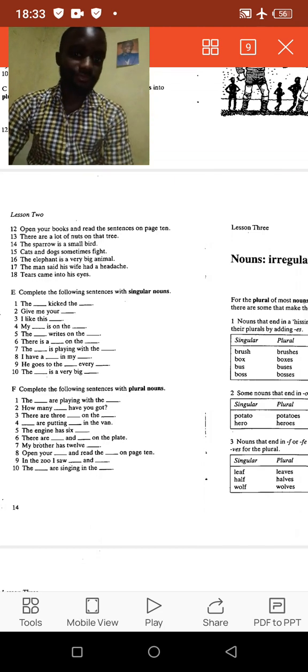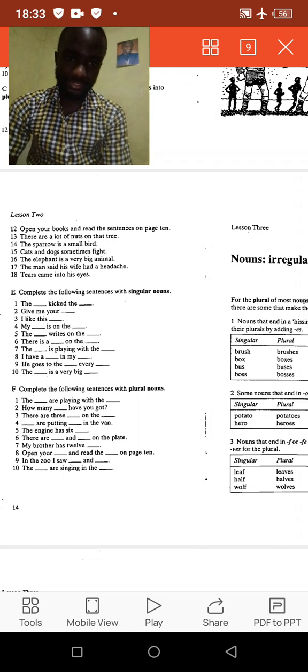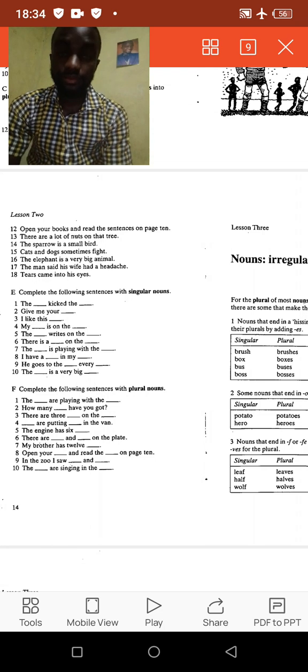Letter F. I'm jumping. F. Complete the following sentences with plural nouns. 1. The dash are playing with the dash. Put their plural. In this exercise, you put their plural words, but make sure that they make sense.